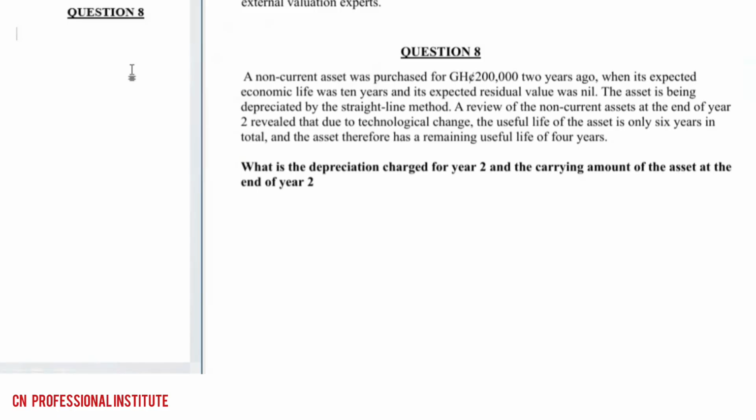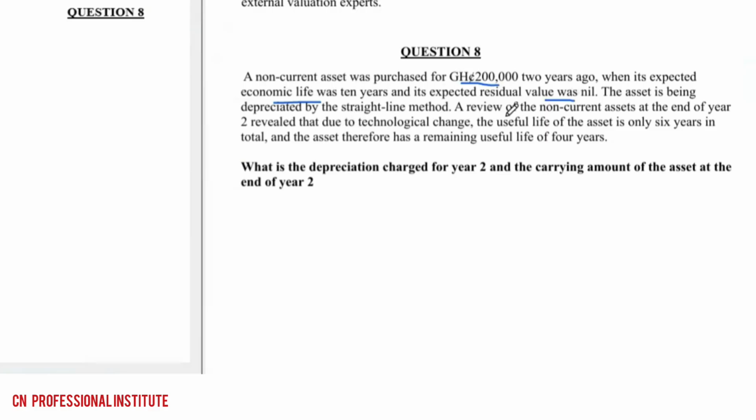Question 8 says a non-current asset was purchased for 200,000 2 years ago when its expected economic life was 10 years and its expected residual value was nil. The asset is being depreciated by the straight line method.